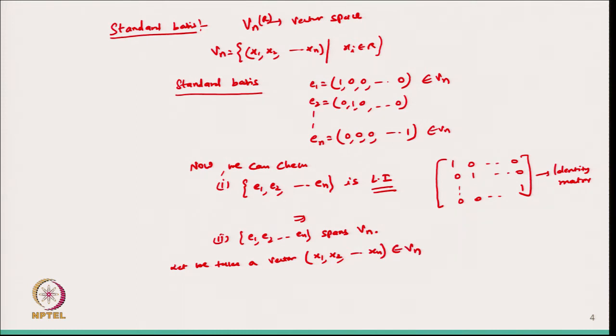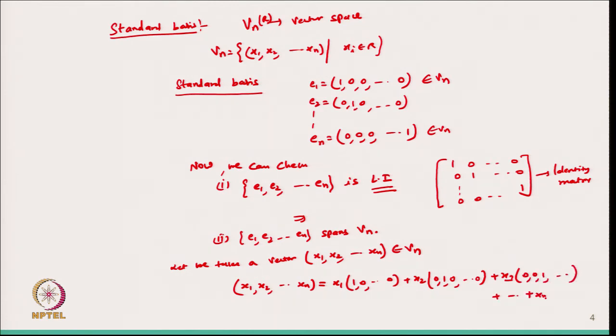This can be written very easily as x1 times 1 0 0, plus x2 times 0 1 0, up to xn times 0 0 up to 1, that is, x1 e1 plus x2 e2 up to xn en.